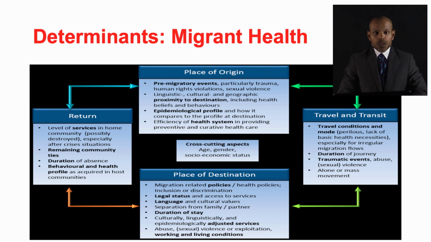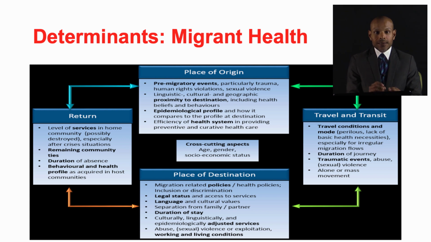So as we discuss the determinants of migrants, we must consider the different phases and stages of a refugee or migrant. There's always the place of origin, where they came from. There are some pre-migratory events that have to occur, whether it's violence, conflict on the part of refugees especially, or the issues of a lack of opportunity or availability for migrants in particular.